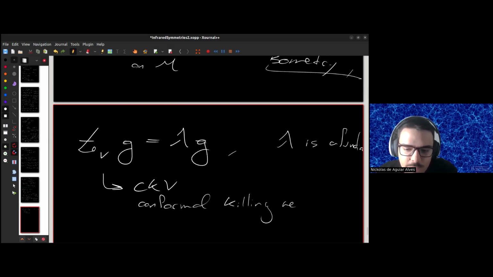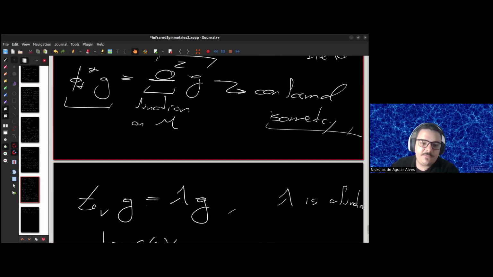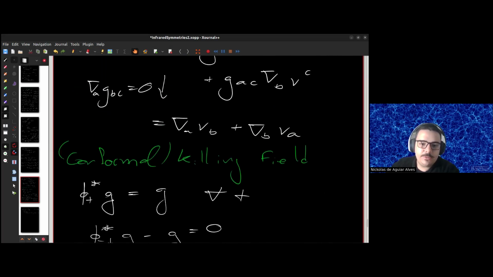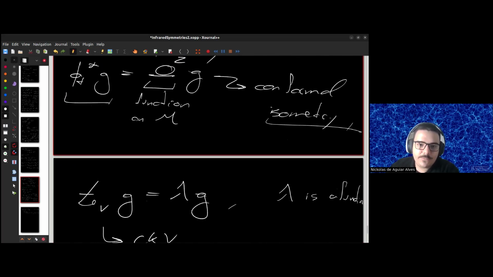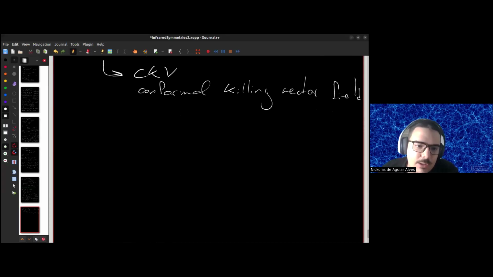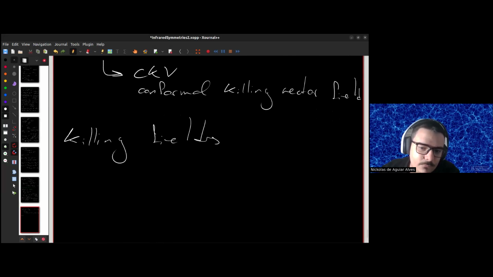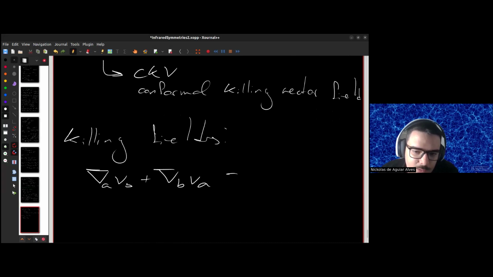vector field. And you see, if we use the expressions for the Lie derivative that I wrote a little bit earlier, we use these expressions here. What we are going to find is that Killing fields are such that nabla_A V_B plus nabla_B V_A equals 0.